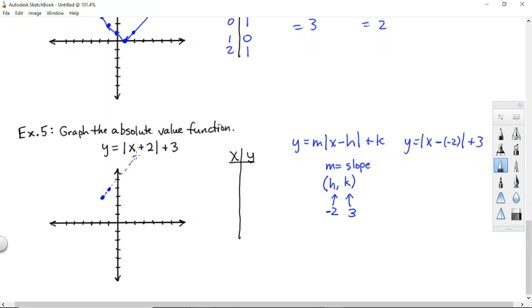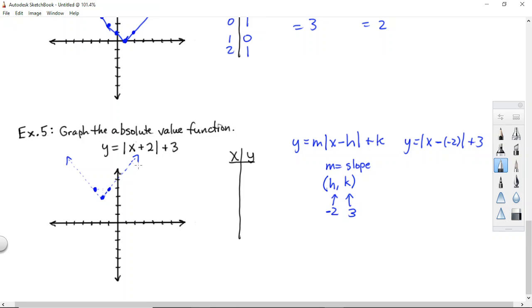We think it's going to be like that, and then of course you have to do the negative of that slope to go the other way. All right, now that's not very good. Should be more like here. Let's see if it turns out to be that when we plot points.